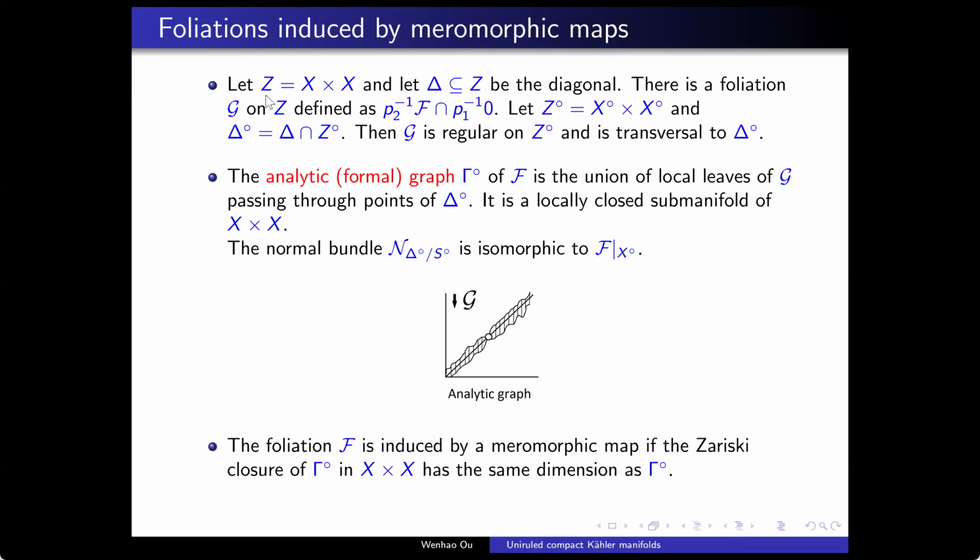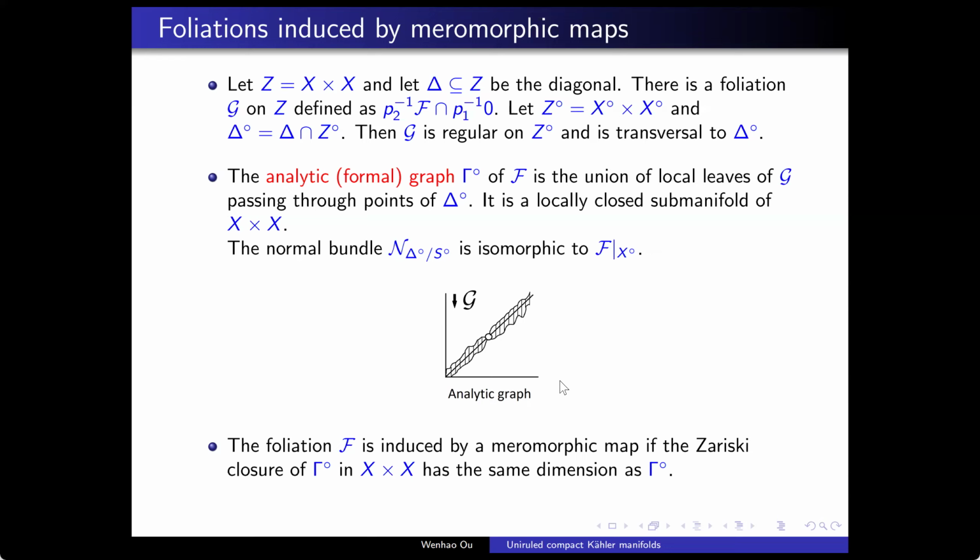So I consider the product Z equal to X times X, and then I let delta be the diagonal in this product. Then there is a foliation defined on Z, which is written as this one: P2 inverse of F intersect P1 inverse of 0, where P1, P2 are the natural projections onto the factors.